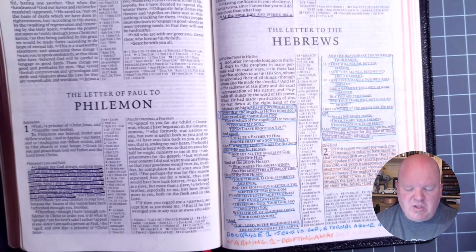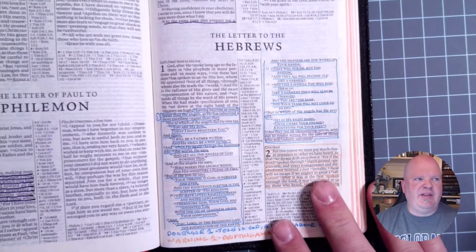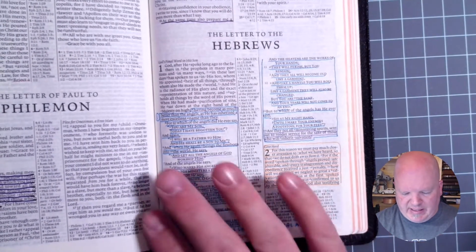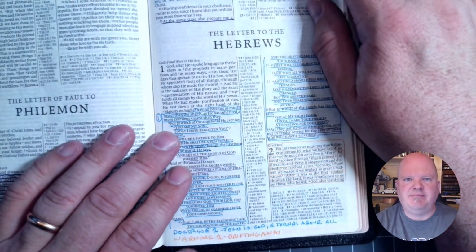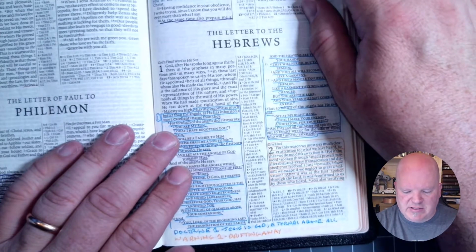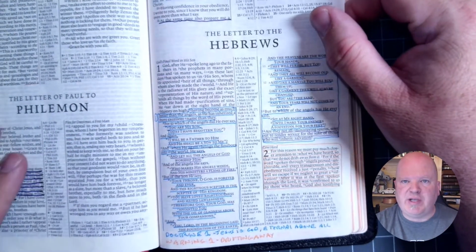Amen. So first of all, the New Testament book, the letter to the Hebrews, is thought to be written by Paul, but there is some disagreement on that among some scholars. But it does appear to be Paul's voice.